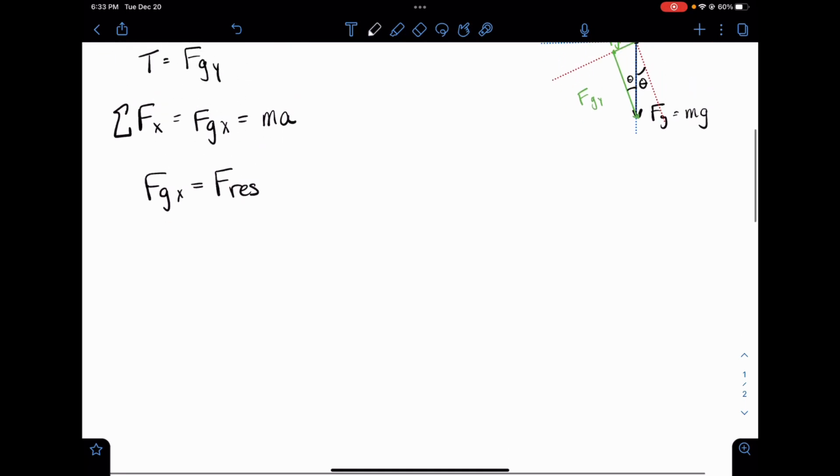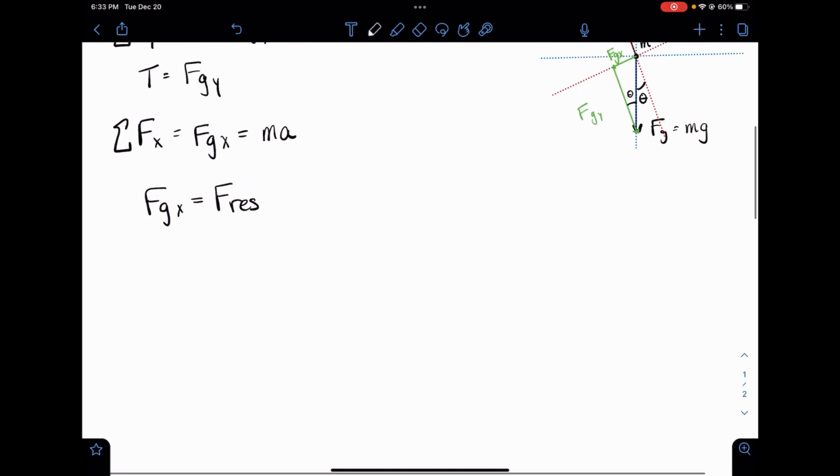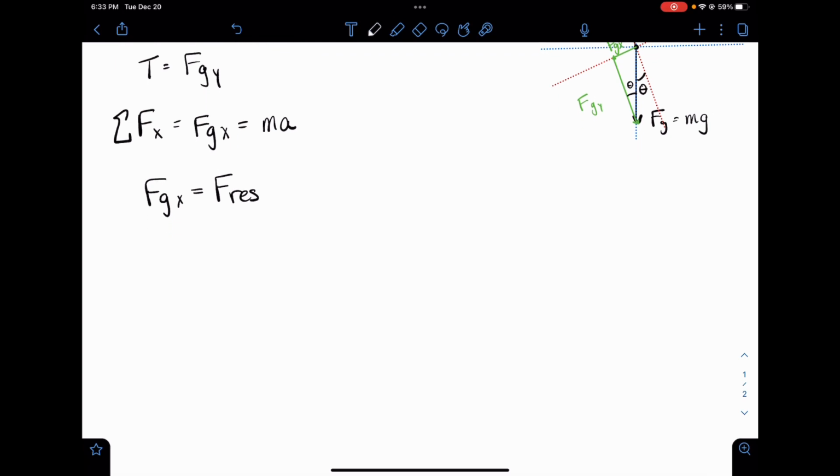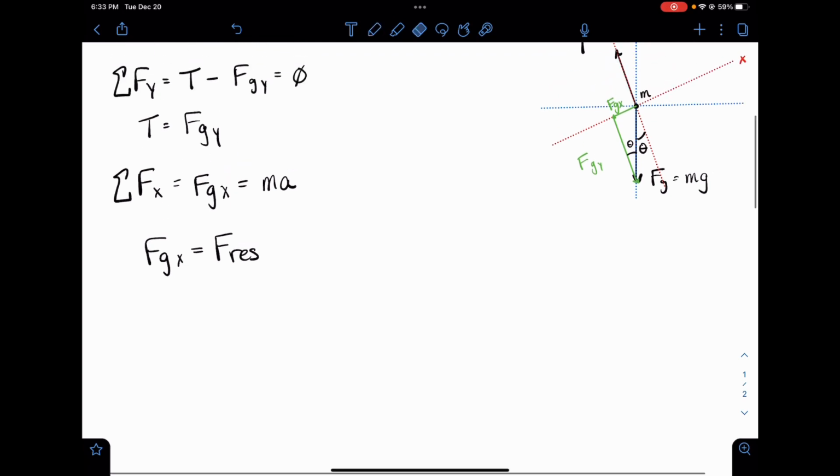So our formula for the force due to gravity in the x direction, we can solve with trig. We know that we're looking for this component right here, and we know this angle and therefore this interior angle. We can solve using sine of theta, which equals the opposite over hypotenuse.